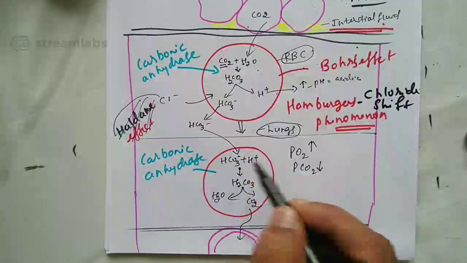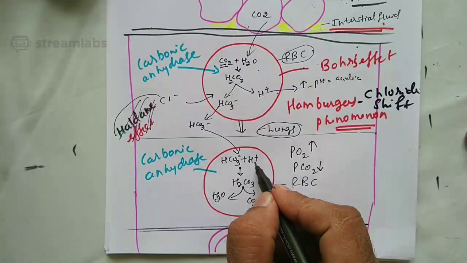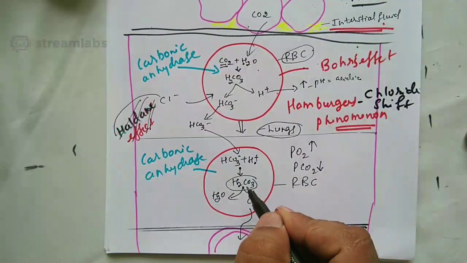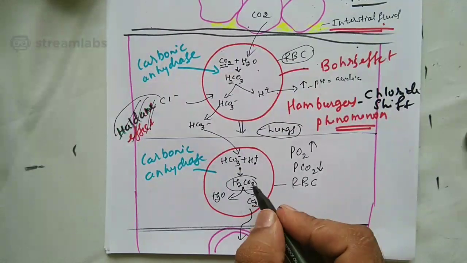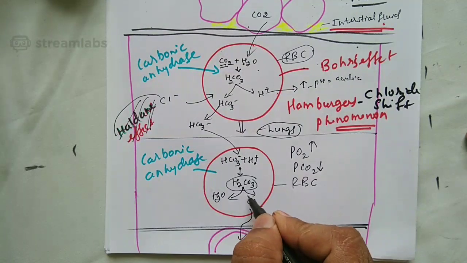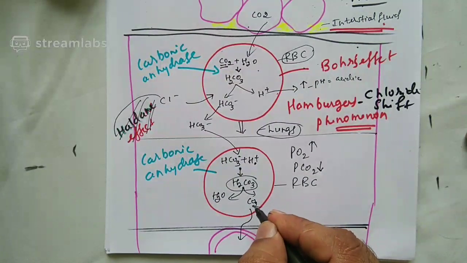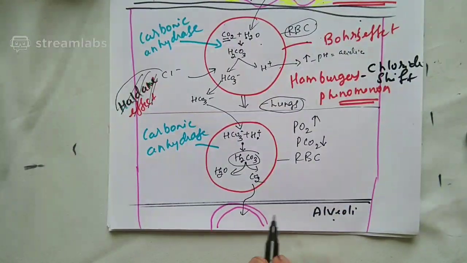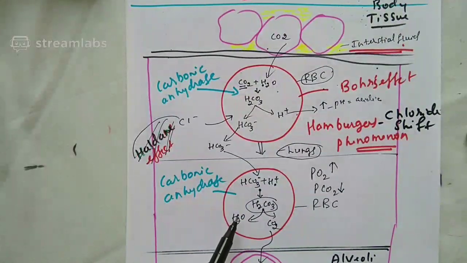HCO3 enters the RBC back, reacts with H plus, forms H2CO3, carbonic acid, and the carbonic acid will dissociate into H2O and CO2. And this CO2 formed in the alveoli region will be given to the alveoli and goes out of the body. So is the reaction reversible here?